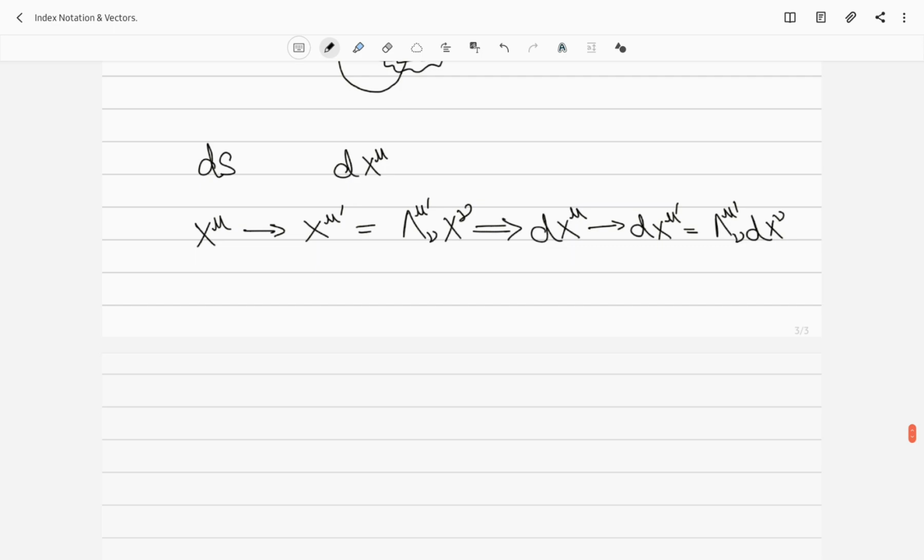Okay, so recall that a vector is invariant under coordinate transformation. Now it's true that the components of the vector will change, but the whole thing better not change. So how do we work with something like this? Well, recall that a vector is expressed as an expression in some particular basis.